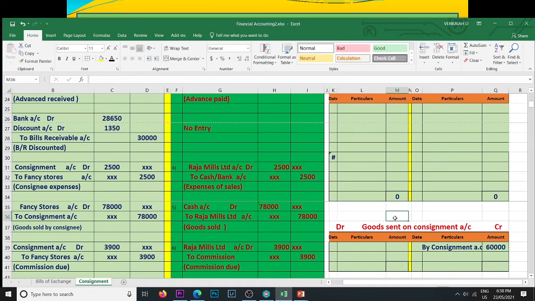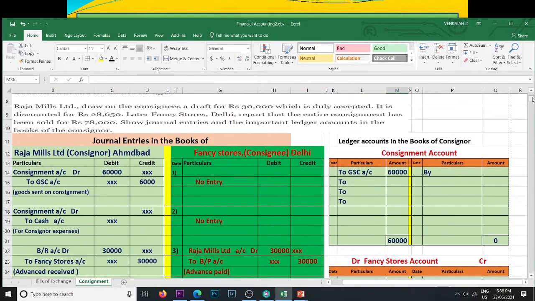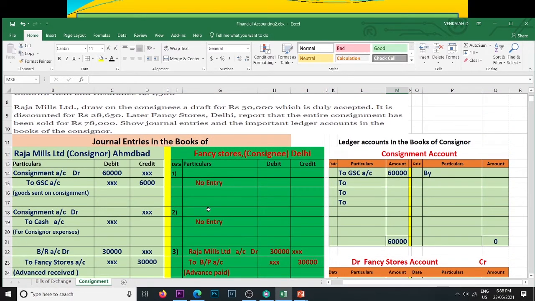Right. Second entry, consignment account debit to bank account. No amount. Just simply we will post, okay? Bank account, no, 0. Just for remembrance purpose. Next, advance receivable.